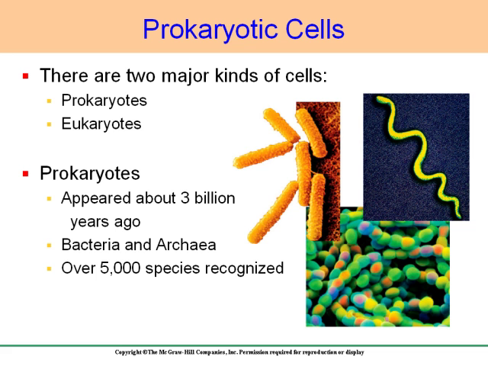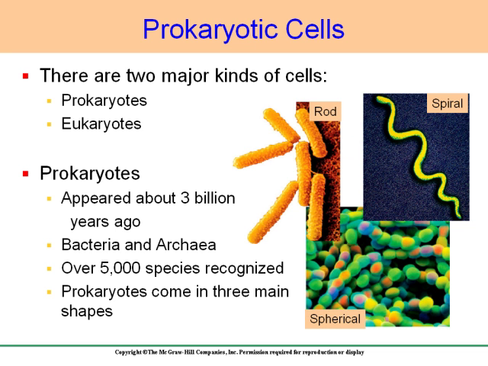There are over 5,000 species that are currently recognized. And these prokaryotes, which consist of both bacteria and archaea, come in 3 main shapes. Number 1, rod-shaped bacteria. Number 2, spiral-shaped bacteria. And number 3, spherical-shaped bacteria.